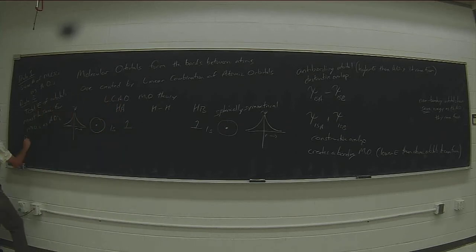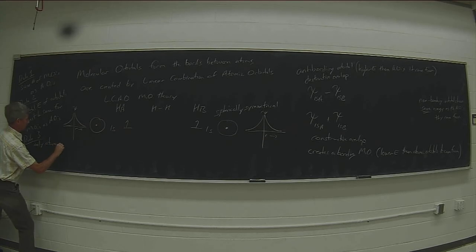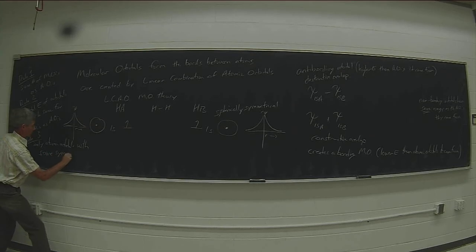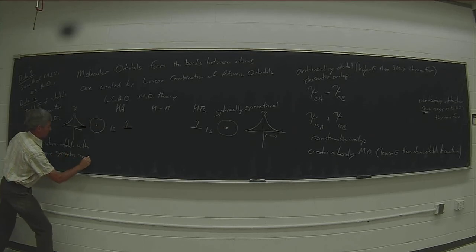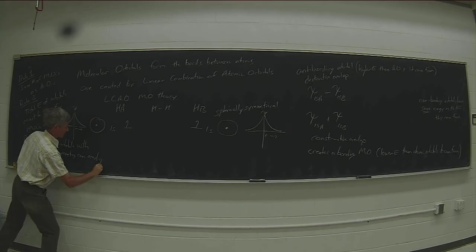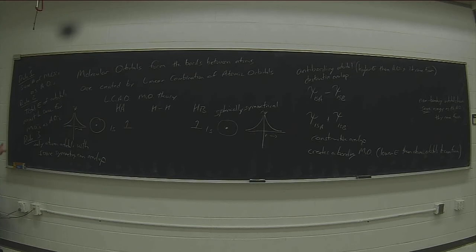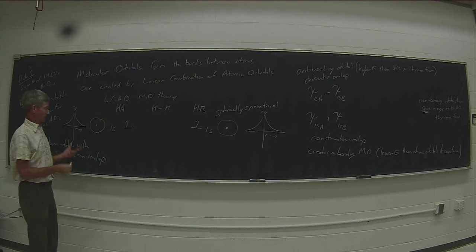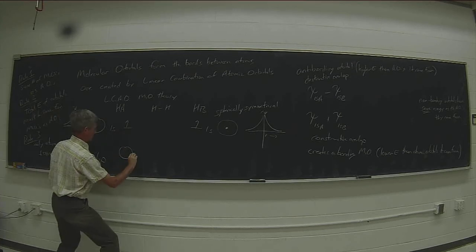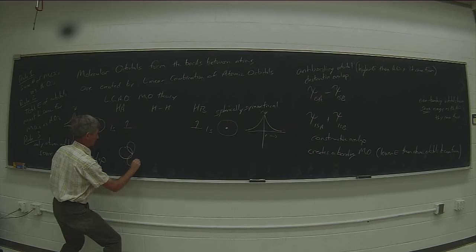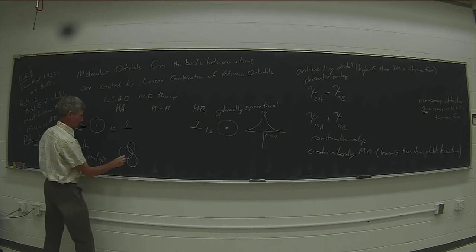And a third rule is only atomic orbitals with the same symmetry can overlap. You can't overlap a p orbital with an s orbital unless they're pointing at each other.